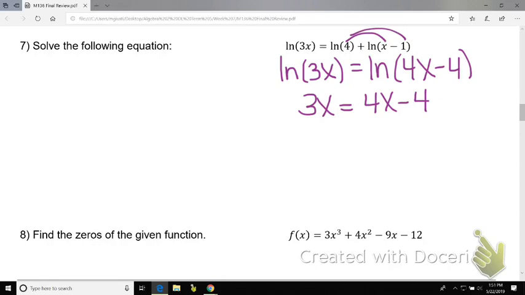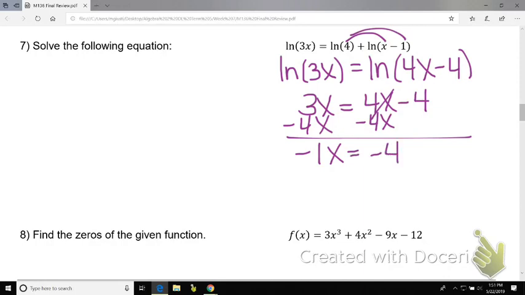Okay, and then how would we solve that equation? Subtract the 4x. Negative 1x equals negative 4. And if you divide by negative 1, x becomes positive 4.